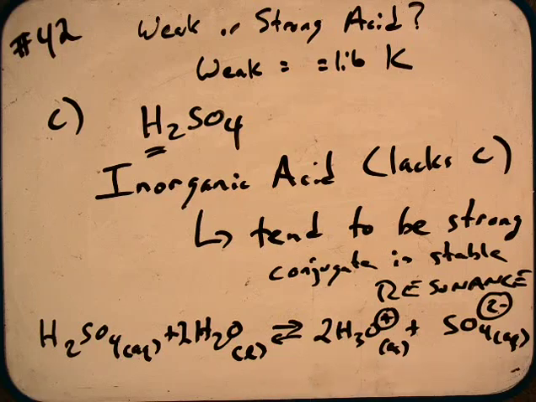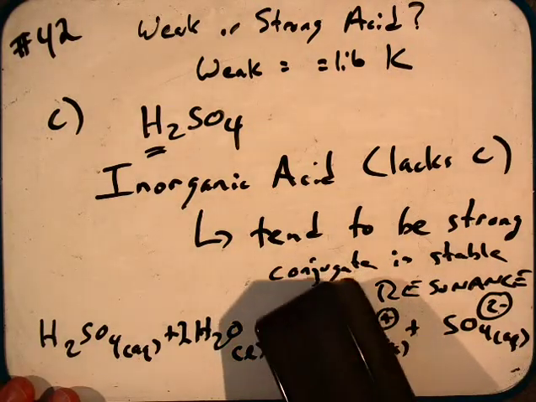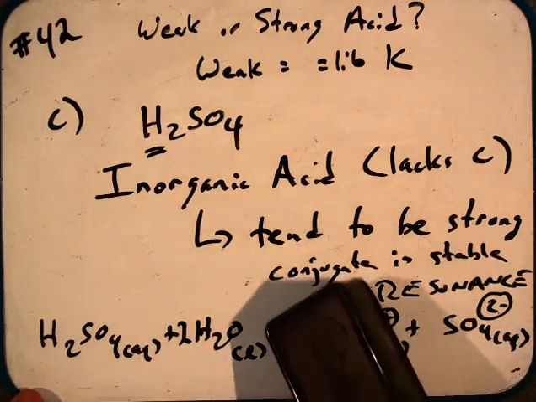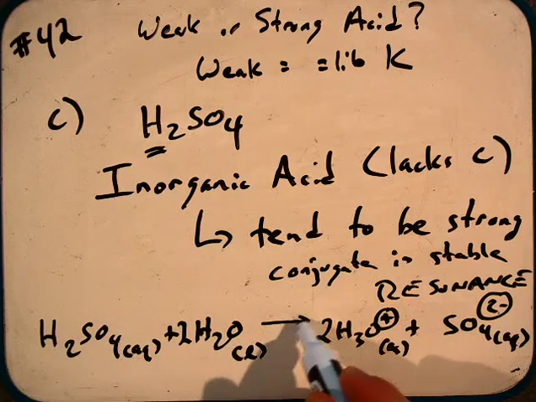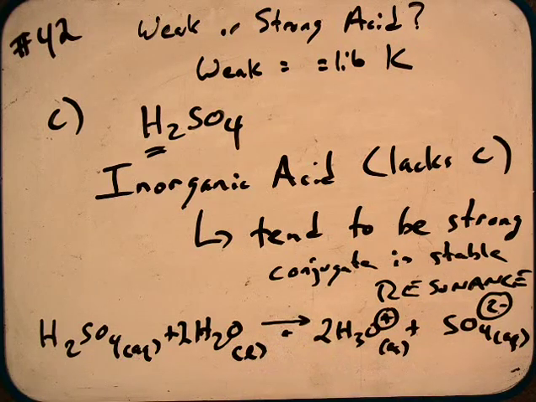If we really look at this equilibrium, it's really very one-sided. Meaning the better way to draw our equilibrium arrow would be one that is like this. It's actually very favored to the product side. And the reason for that, again, is the stability of the sulfate anion.